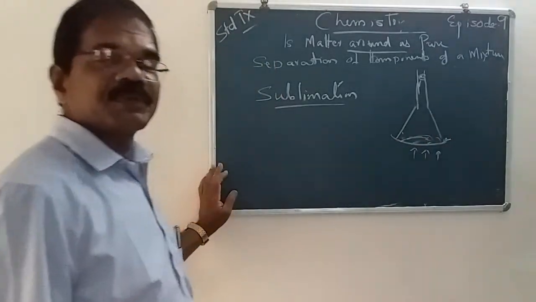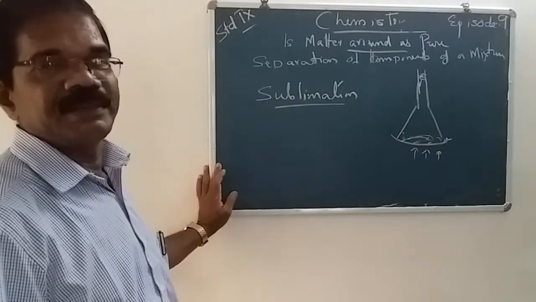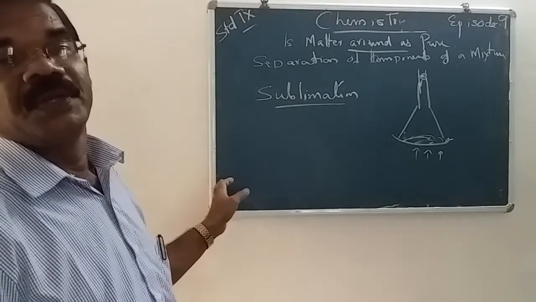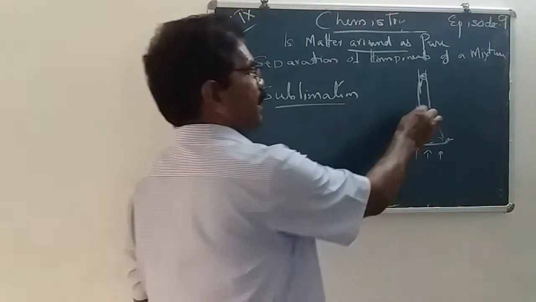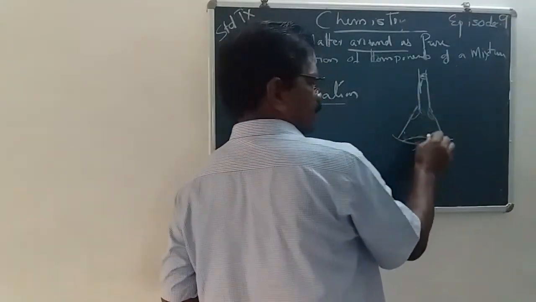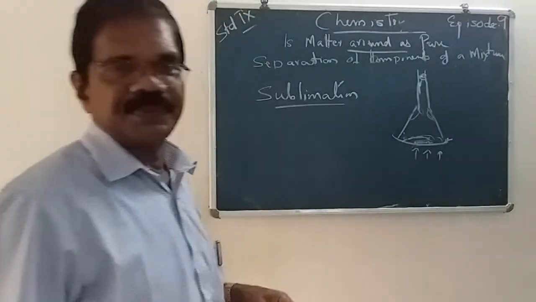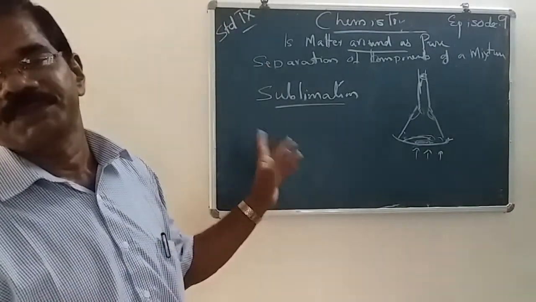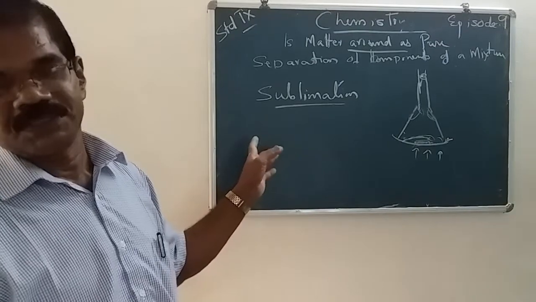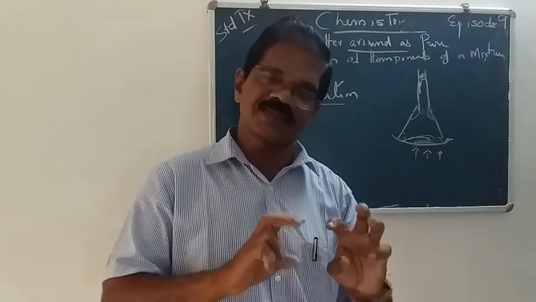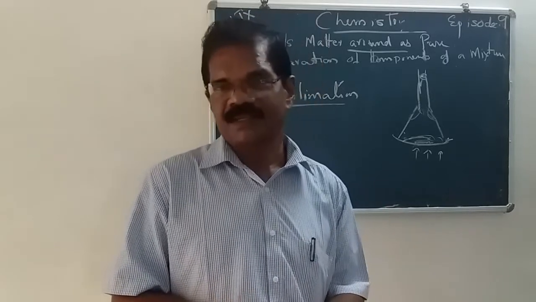Ammonium chloride has the property of sublimation. That means on heating, ammonium chloride is directly converted to the vapor state. It can be collected at the top, and the sodium chloride remains here. So to separate a mixture of ammonium chloride from sodium chloride, this process is used. Sodium chloride does not have the property of sublimation.